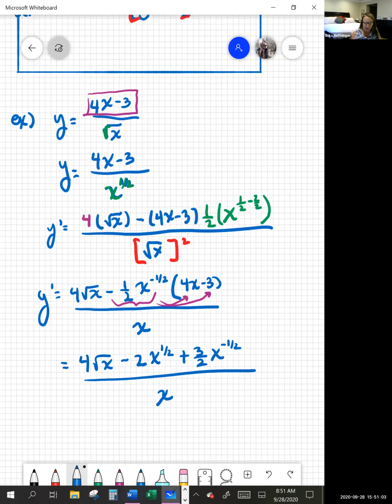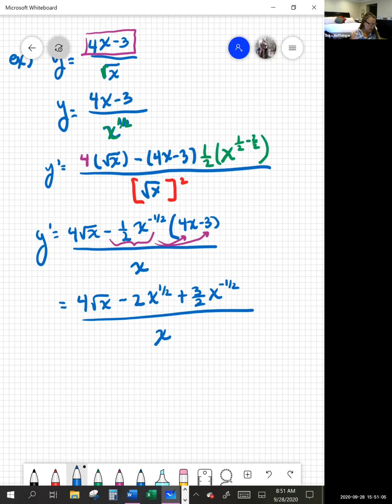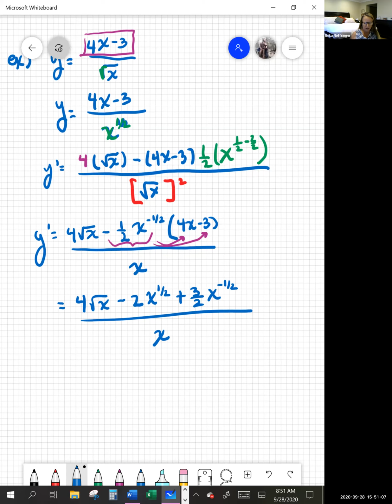Okay, so we want to clean this up some more. And there's a couple ways that we can clean this up. Because it's a single term in the denominator, we can rewrite it as 3 separate fractions, and we can use our rules of exponents.